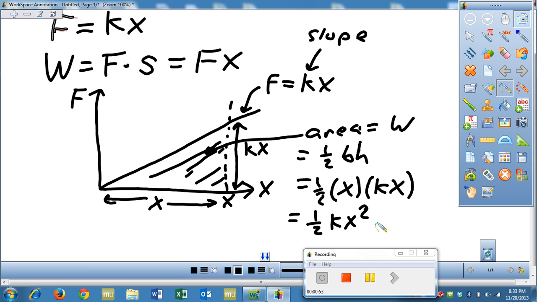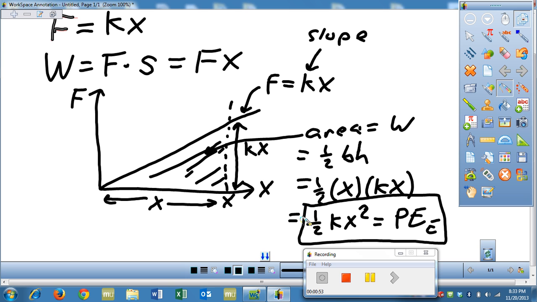Okay, so that's going to be equal to the potential energy, the elastic potential energy. So that's your big equation for this section.